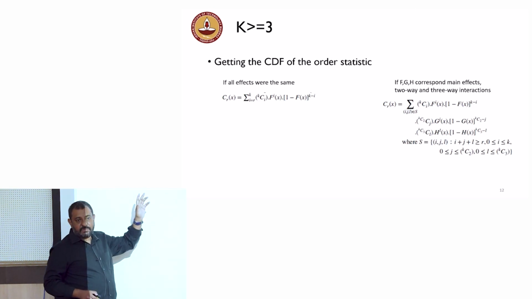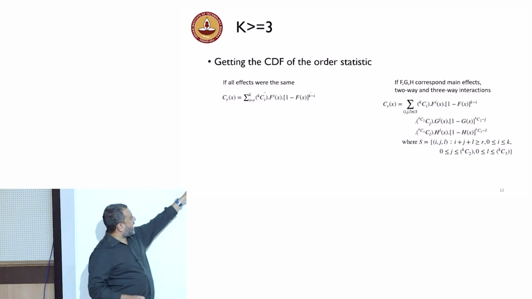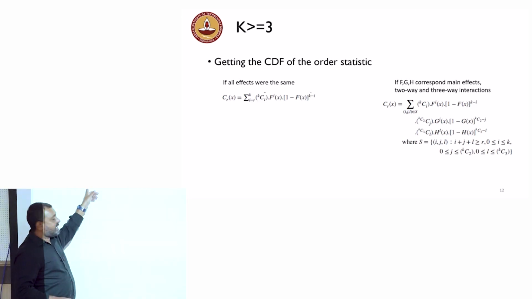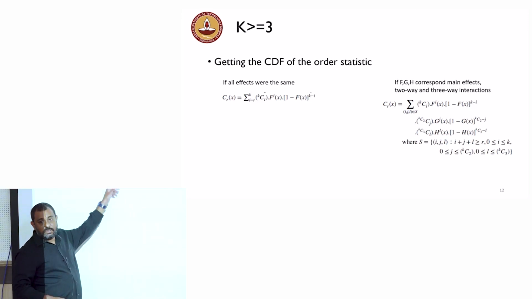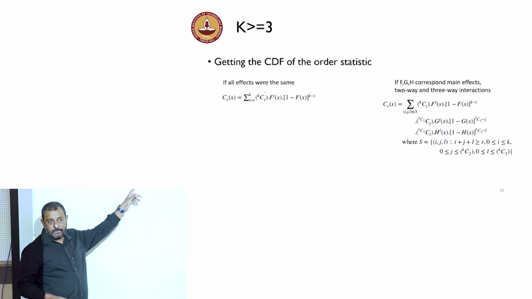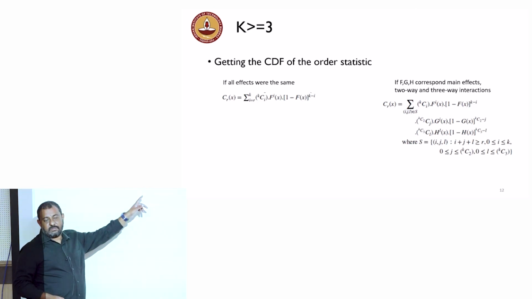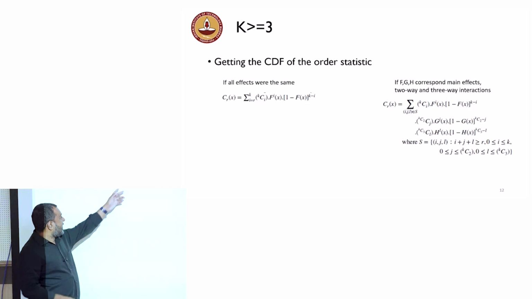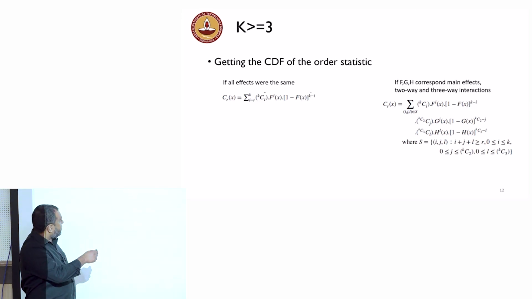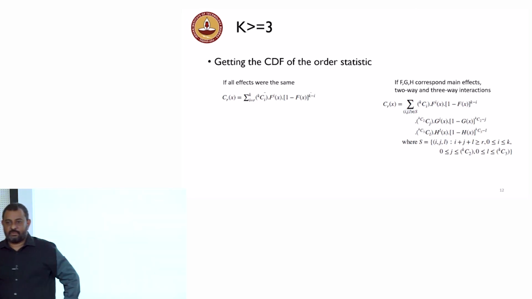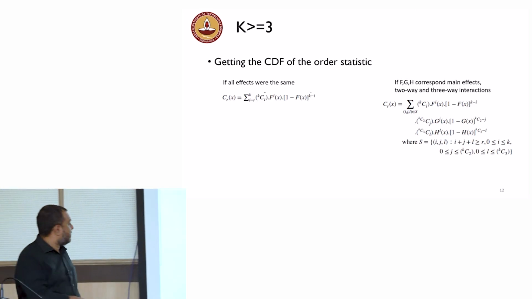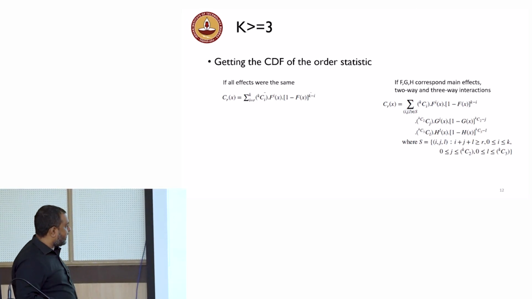All 10 terms were sampled from the same distribution, whose CDF is capital F. You're asking what is the CDF of the 4th order stat, where you sample k equal to 10 terms from a distribution where the CDF is capital F. And that's fairly straightforward, which is you sum from i equal to 4 to 10. So these many terms need to be higher and these many terms need to be lower, right? Only then is the CDF guaranteed.